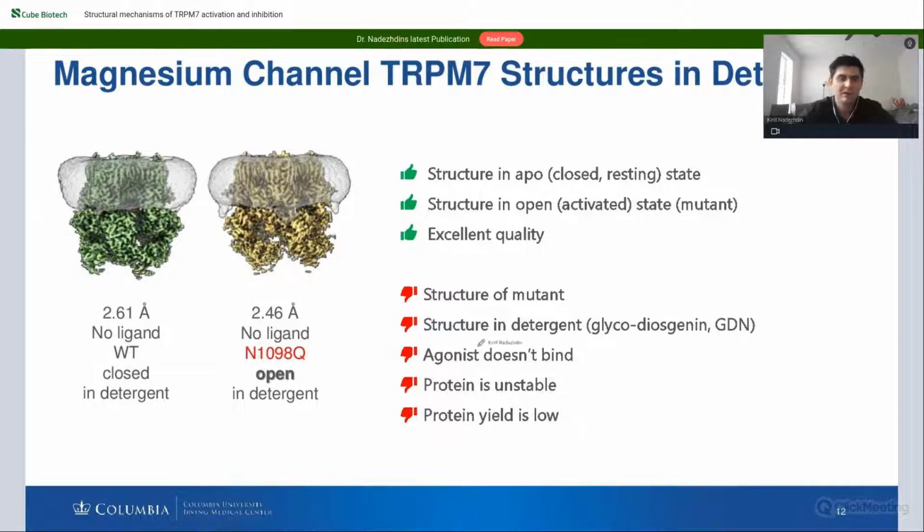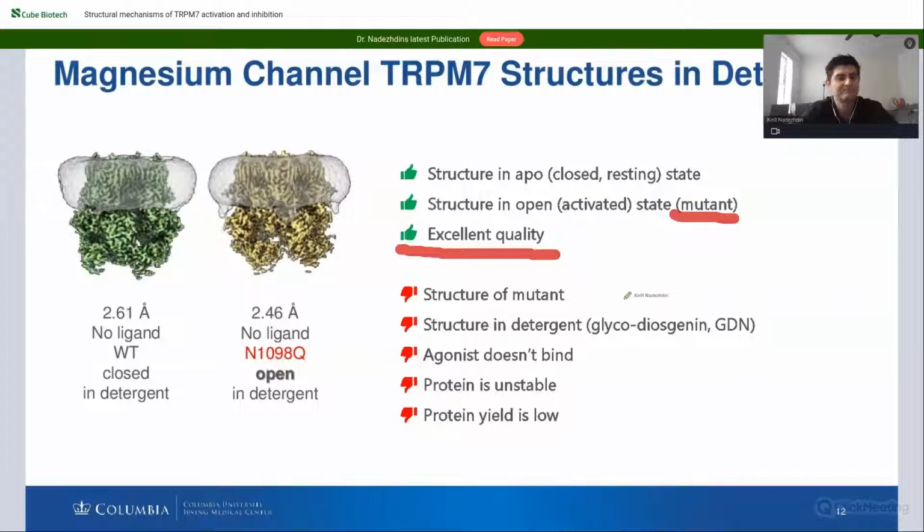And here is a summary from this project. We saw the structure in the apo, resting state, and it is good. We also saw the structure in the activated open state for the mutant, and it was of excellent quality. But can we do better?